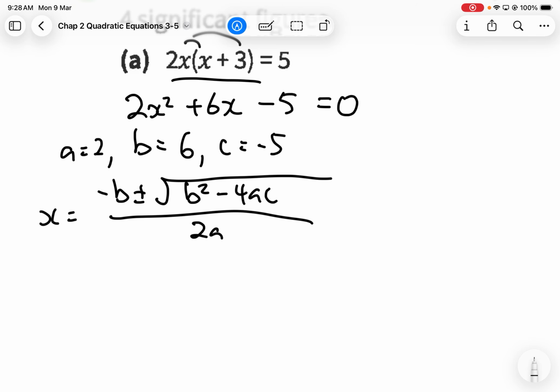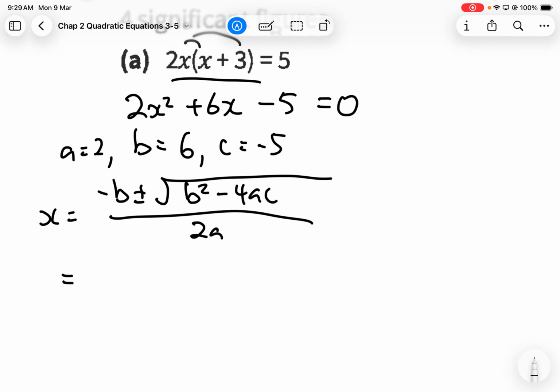Every question you solve, you write this one time, very fast you'll remember already. Yes, you can do by completing the square also. But this is the shortcut of completing the square. Your completing the square will end up like that.